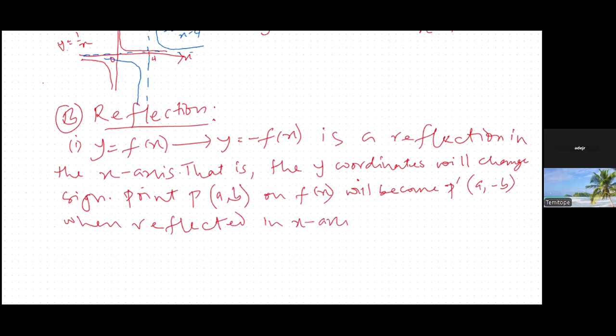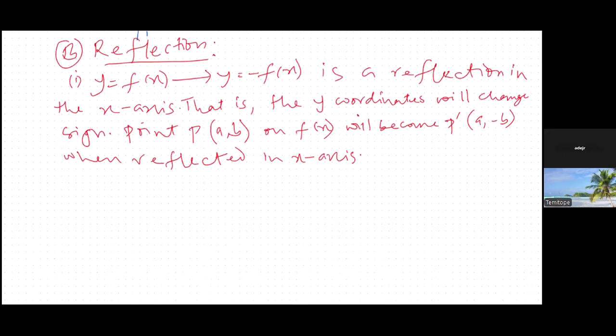Do you understand that now? So this is what we are saying. I want to show you the graph. Suppose I have the y and x axes. Let's say we have the graph here. So let's say this is point P, and the coordinate is (a, b). Please give me a few minutes.